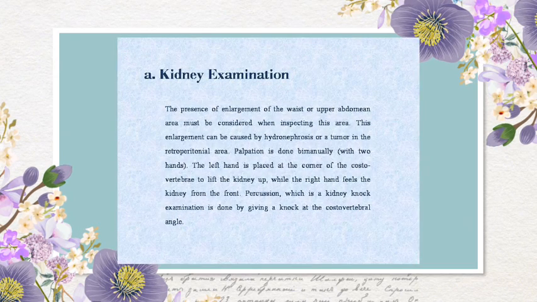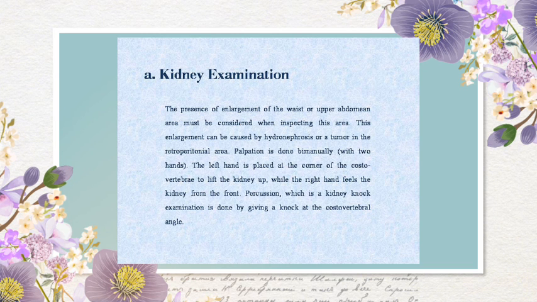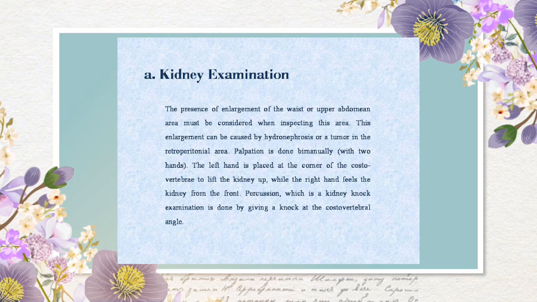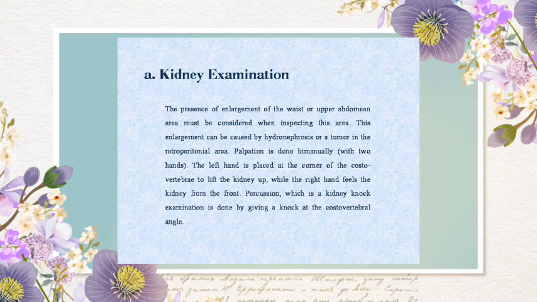Kidney examination. The presence of enlargement of the waist or upper abdomen area must be considered when inspecting this area. This enlargement can be caused by hydronephrosis or a tumor in the retroperitoneal area. Palpation is done manually with two hands.